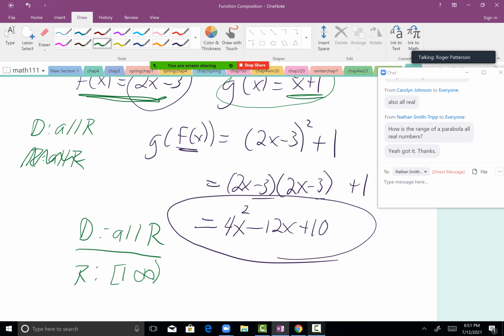So there's my range, right? But the main thing was, this is where we started. We looked at the outputs, and didn't have any issues with what we're putting into that g function. We're ready to go. That's how that works.